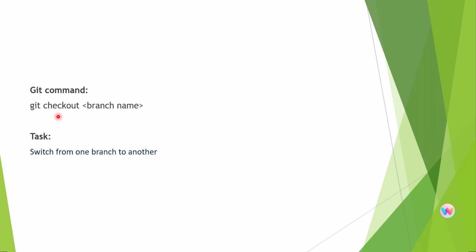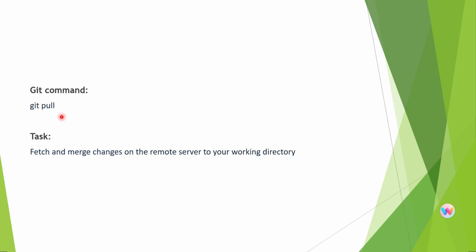The git checkout command is used to switch from one branch to another if we have more than one branch in our repository. Git pull fetches or merges the changes from the remote repository to the local repository.